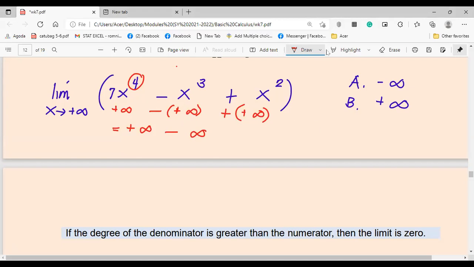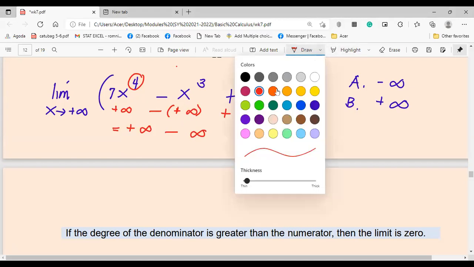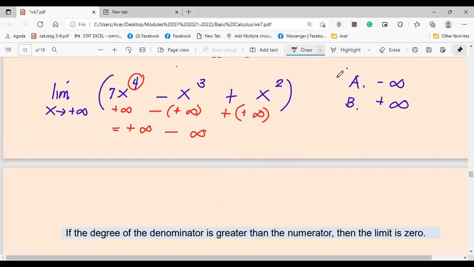Tapos kapag nag-factor out ka dito, when you do the factoring technique here, okay, so erase ko to. Ilalabas mo ang highest power. Ilalabas mo x raised to 4. So natira dito 7.